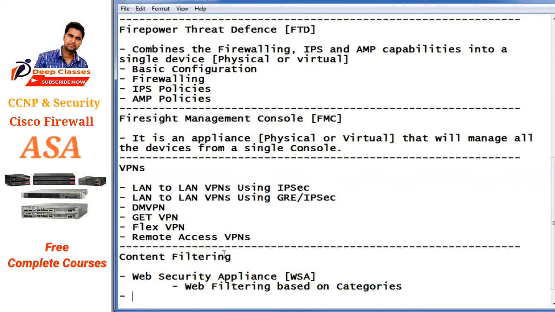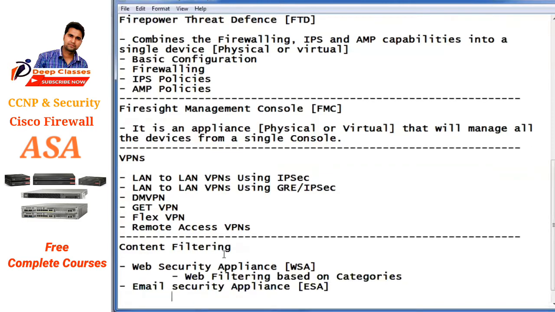Along the same lines, we'll also be taking a look at another type of device called email security appliance, known as ESA. What is ESA? It does email filtering. As the name suggests, spam filtering. Checking whether this email coming in is spam or not.